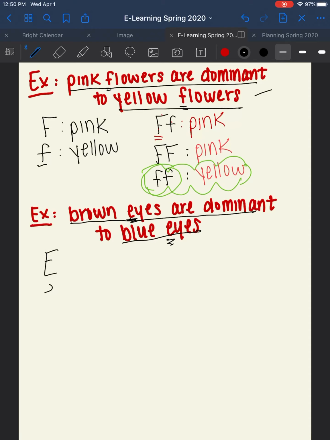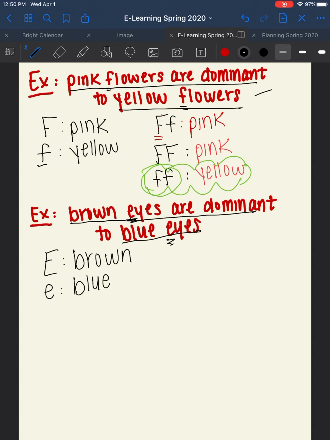So I'm going to have a capital E and a lowercase e. Brown eyes are dominant, so my dominant uppercase letter is going to be for brown eyes. Brown eyes are dominant to blue eyes, so that means blue eyes is my recessive trait. So my lowercase e is going to be for blue eyes.